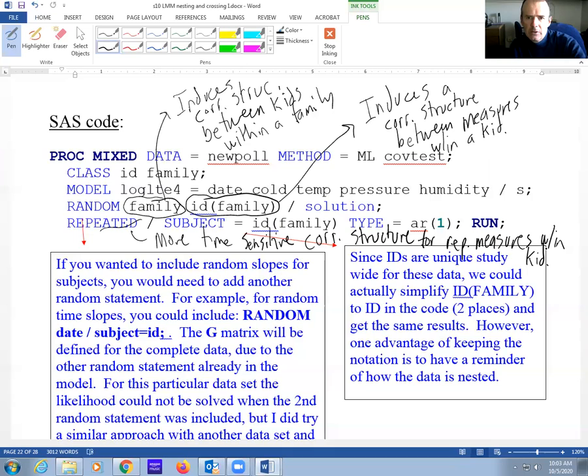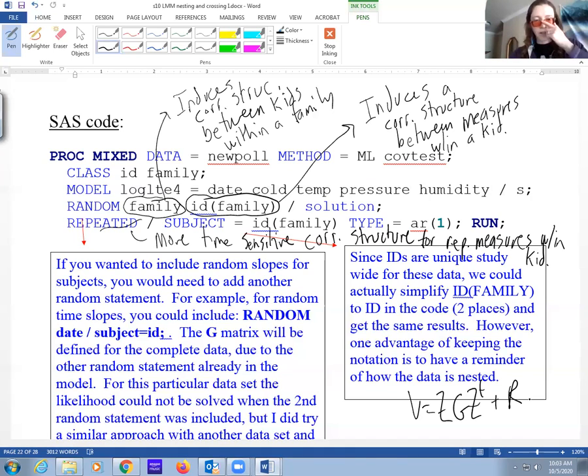What does that structure look like? You figure that out using V equals Z G Z transpose plus R. That's one of your homework questions, to show what that looks like. And then what does that allow you to do that just having the AR1 can't do on its own?